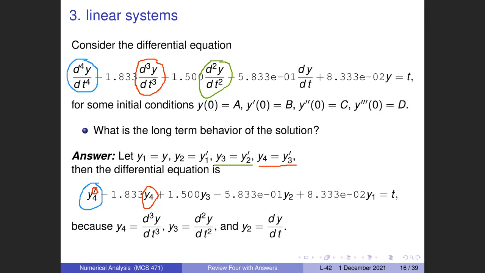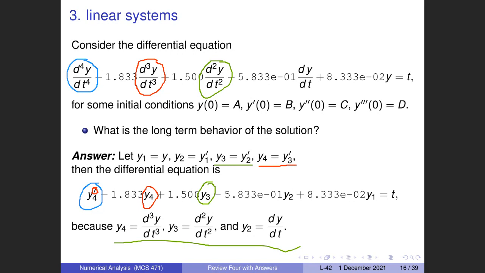So that's why we can replace it with y3. So we have the original equation that becomes an equation of first order, but has the 4 variables sitting in. Then we have the extra equations. We have 3 extra equations that are also formulated here.